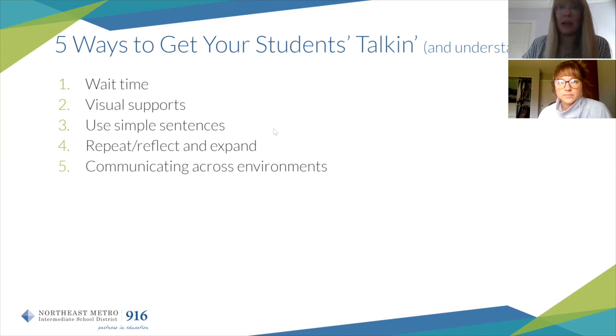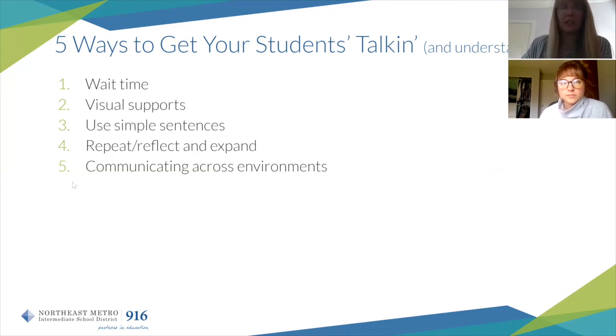No more Minnesota nice. Be direct with your students so that they understand what is expected of them. The fourth strategy is repeat or reflect and expand. Thinking about whatever your student's doing, respond back to them at one step above where they're at. We're working on always increasing what our students can say and who they can say it to.